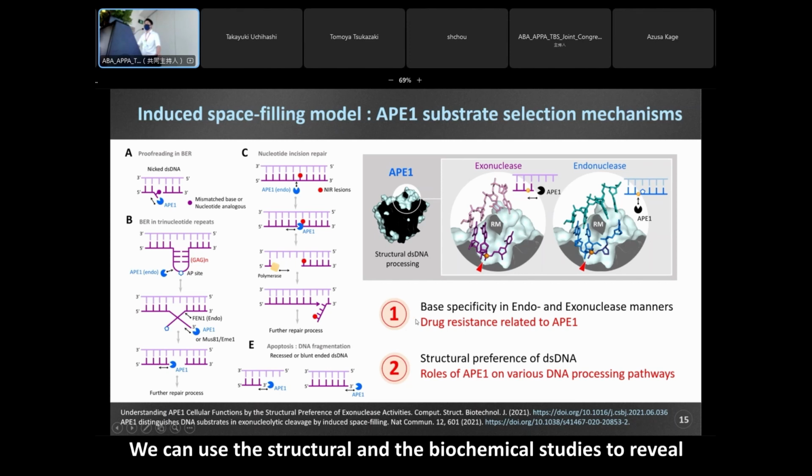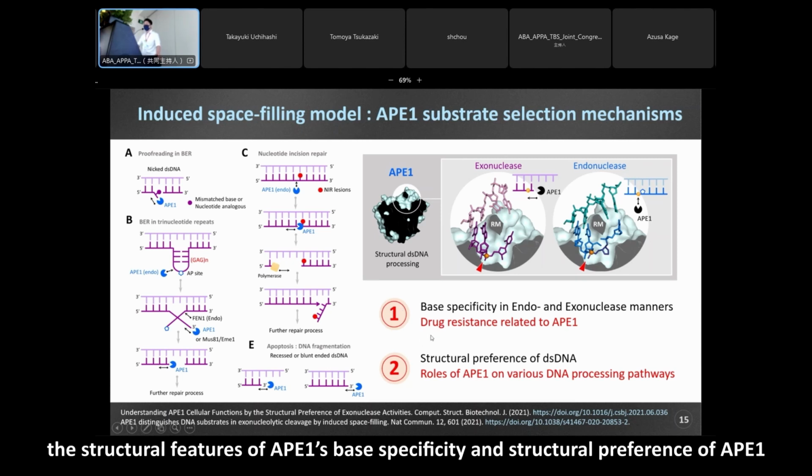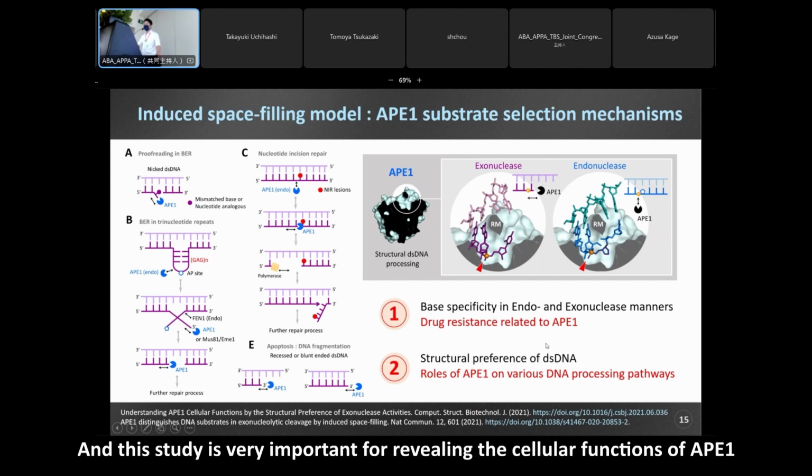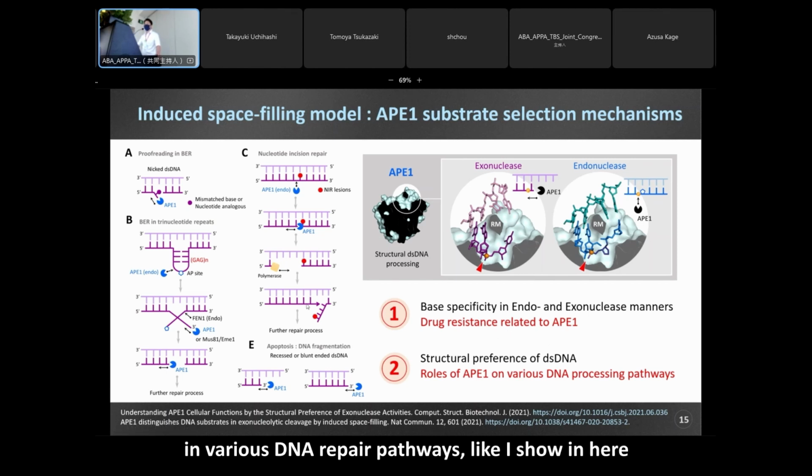We used structural and biochemical studies to reveal the structural features of APE1's base specificity and structural preference. This study is very important for revealing the cellular functions of APE1 in various DNA repair pathways like shown here. And our study is also very important for understanding the mechanism of drug resistance related to APE1.